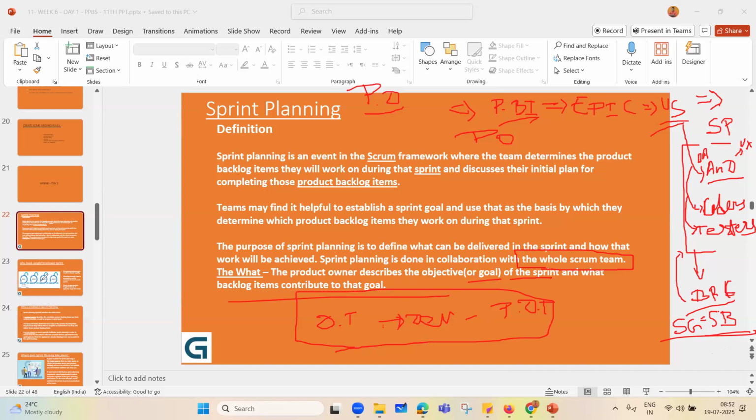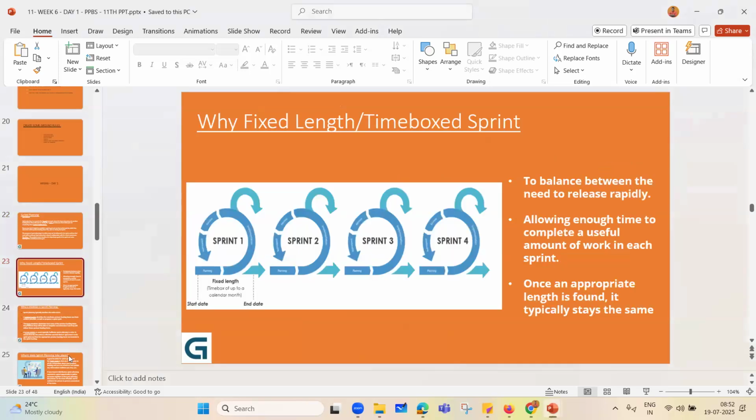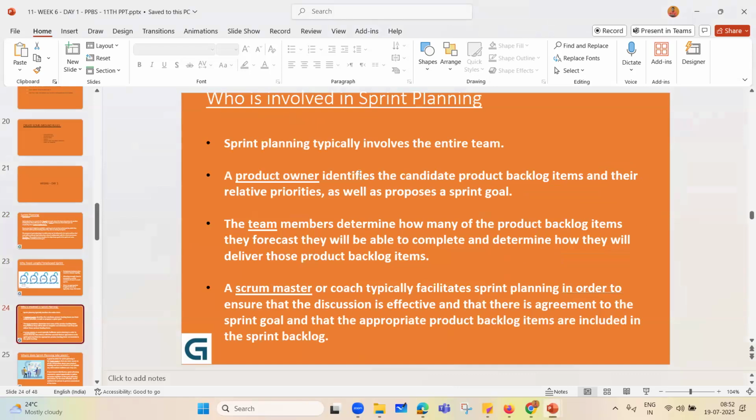Any questions so far? Are we clear on the simple definition of what exactly happens inside it? Everyone is clear? Nice, fantastic. I know Ajibu is just repeating, he might be aware of this.